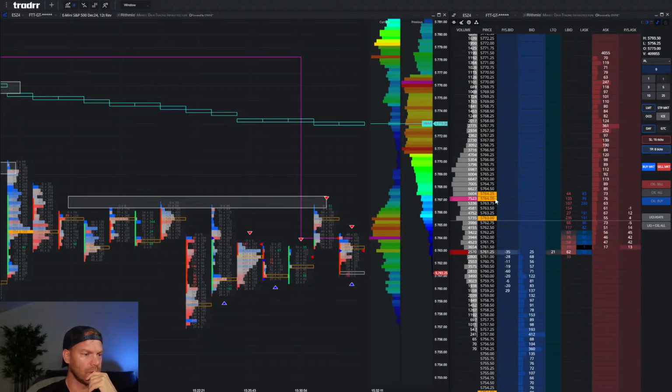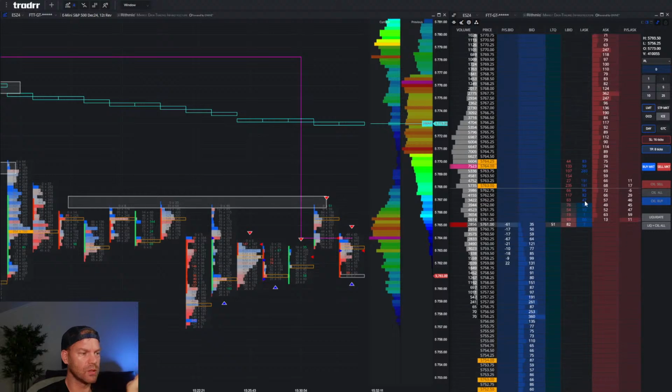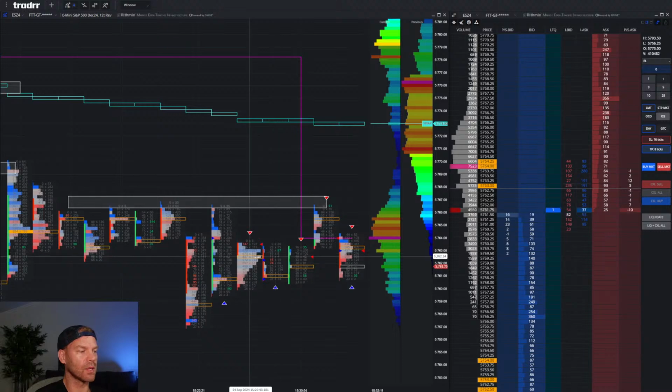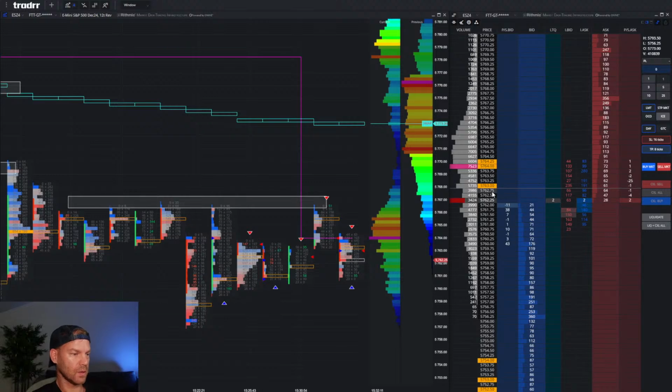Maybe not, because basically it just tested the volume around the VPOC, and moved on again. I'm still very wary about how this traded. This is very interesting to me. Let's keep an eye on that.